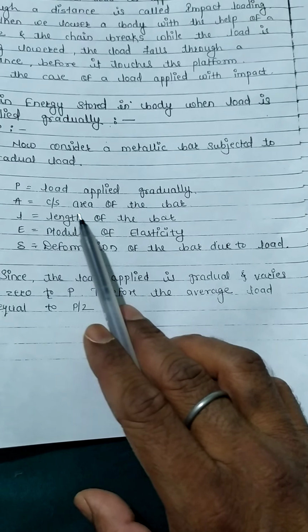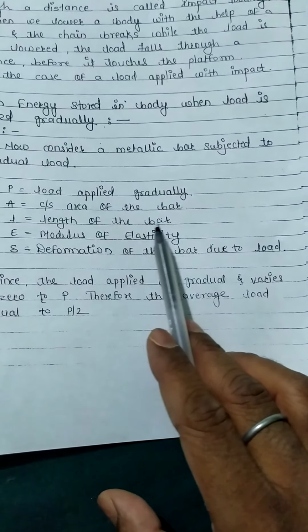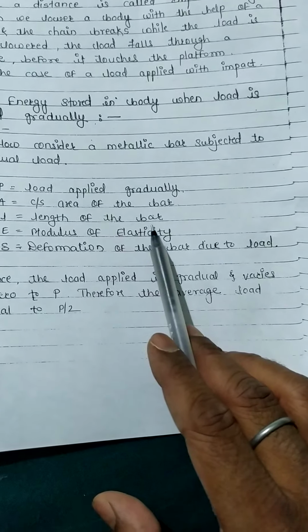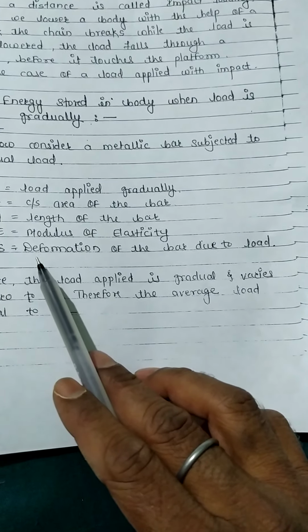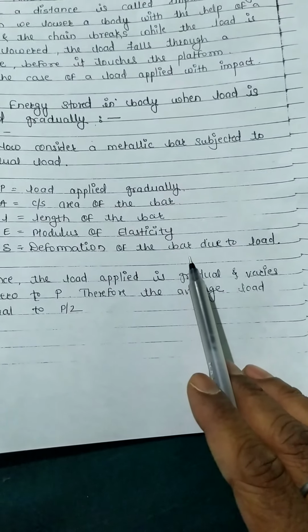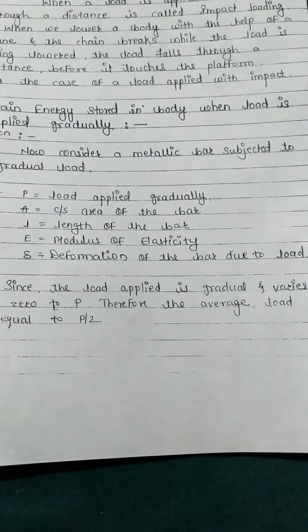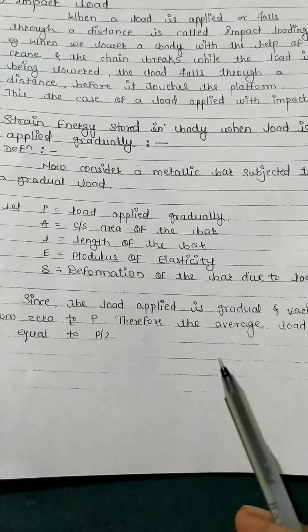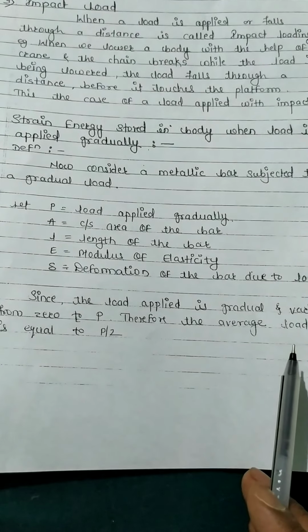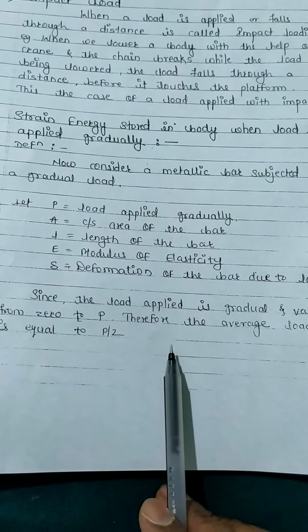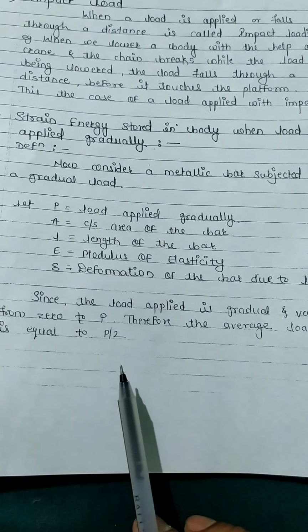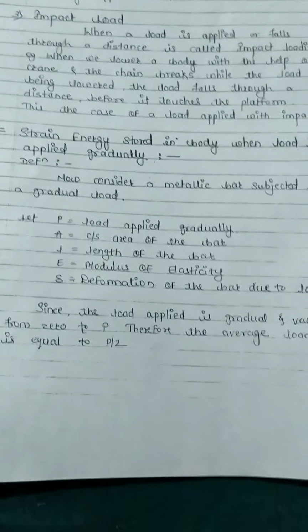A is the cross-sectional area of the bar, L is the length of the bar, E is the modulus of elasticity, and delta L is the deformation of the bar due to the load. Since the load is applied gradually and varies from 0 to P, the average load is equal to P by 2.